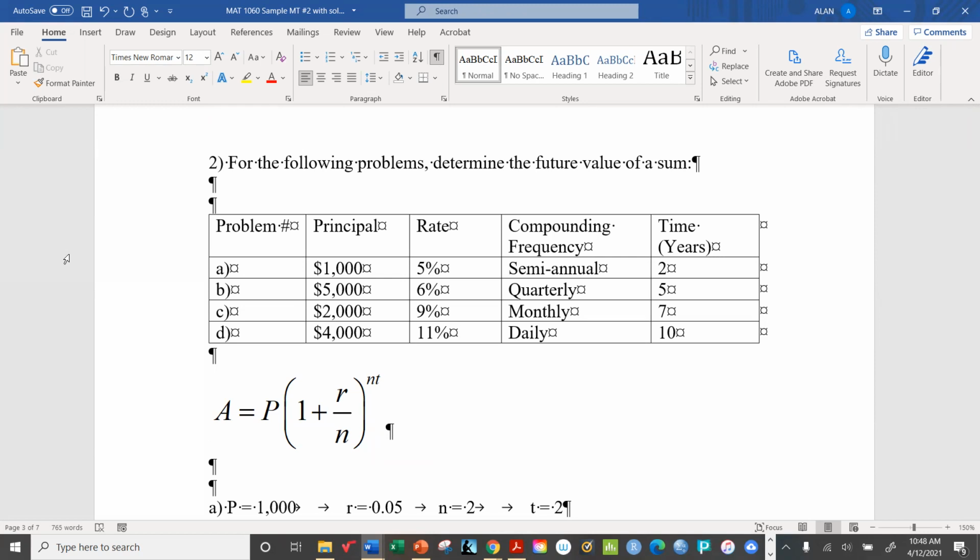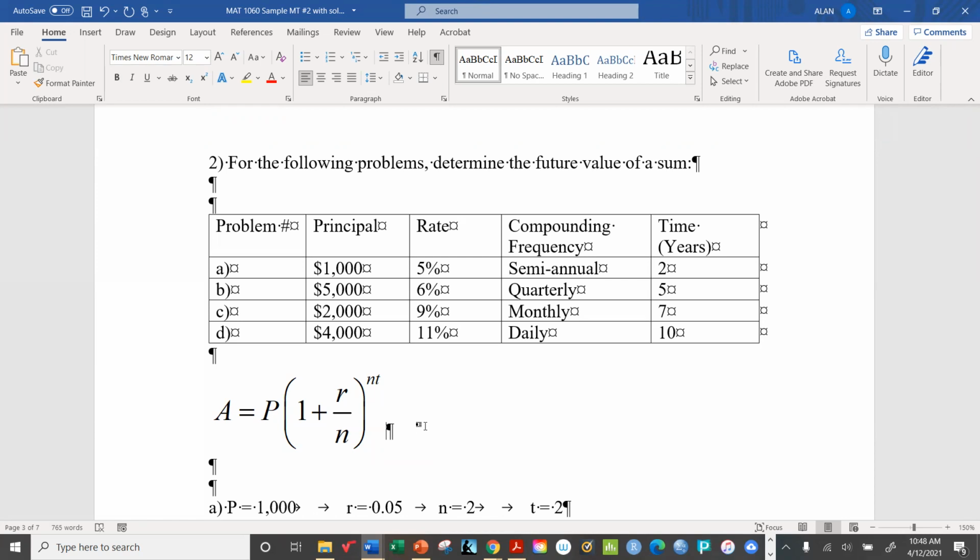And because we have compounding frequencies that could be more than once a year, this is the formula that we'll use. Okay, so remember, this is how we calculate the future value of a sum when there might be compound interest taking place. Okay, we had another formula for simple interest only. This is the one that has to be used if there's at least a possibility of earning compound interest.